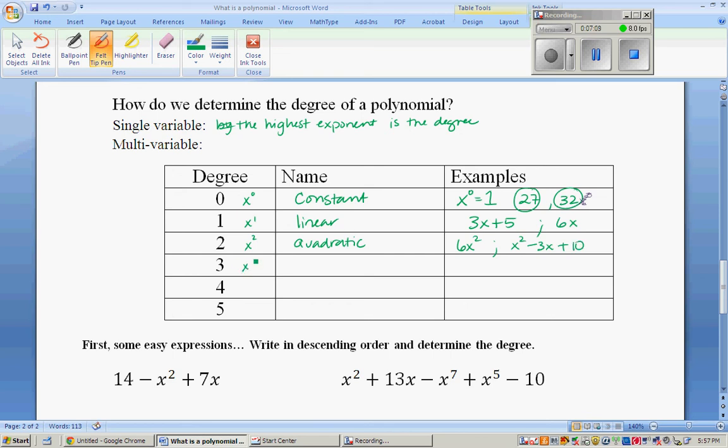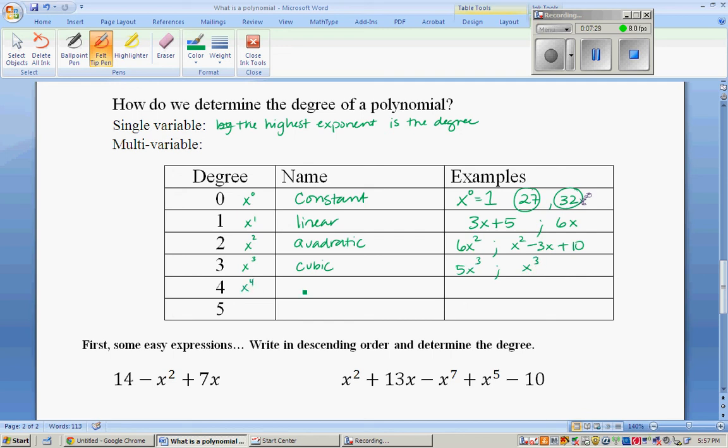And x to the third is called a cubic. You could just say third degree, and I would go with that. But a cubic is something like 5x cubed, or just a plain old boring x cubed.